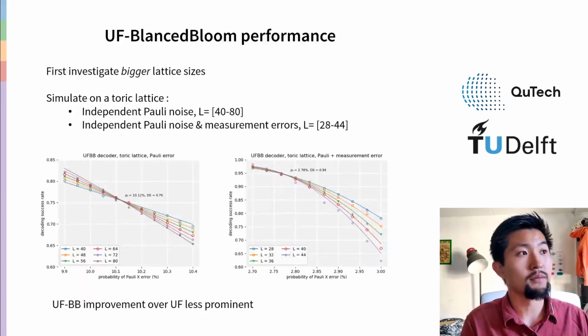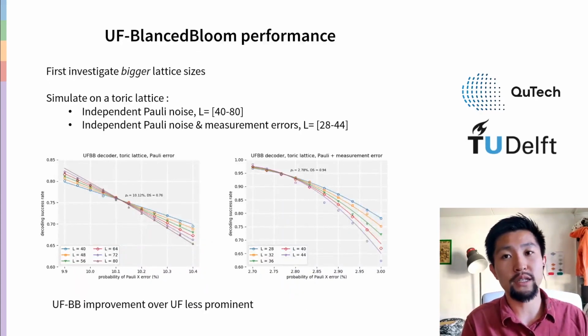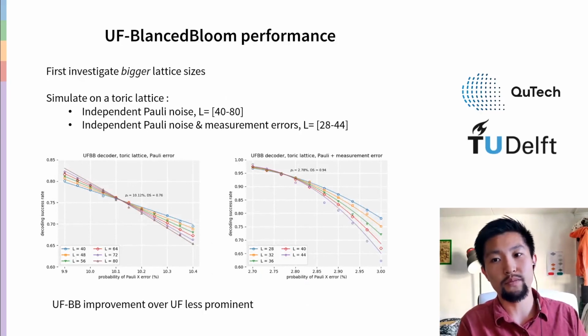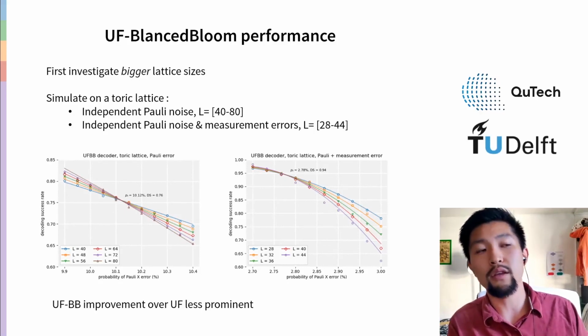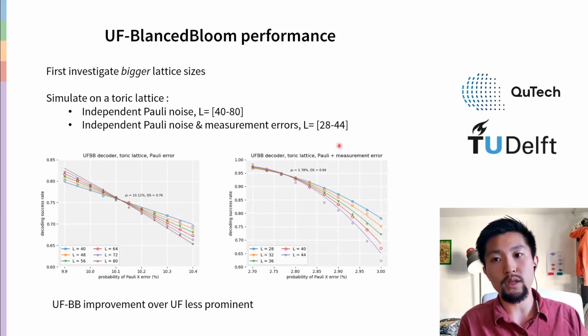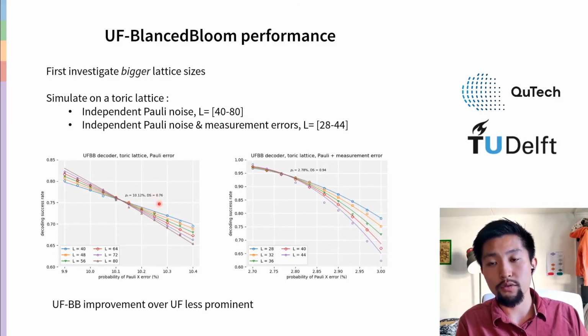However, if we investigate bigger lattice sizes, it seems that the improvement of unified balanced Bloom over unified is less prominent. For larger lattice sizes of 40 to 80 for the toric code, the error threshold of the unified balanced Bloom goes back to 10.10%.